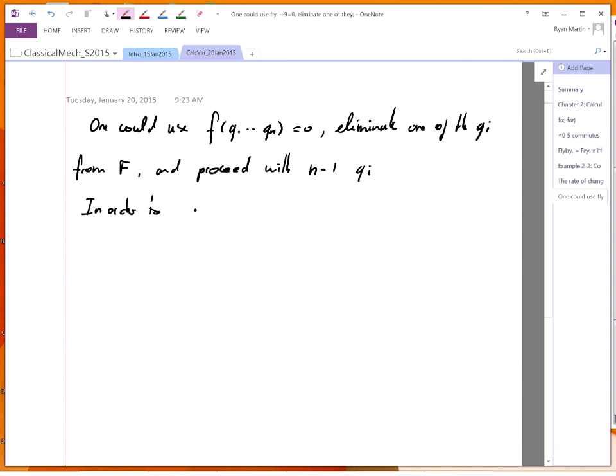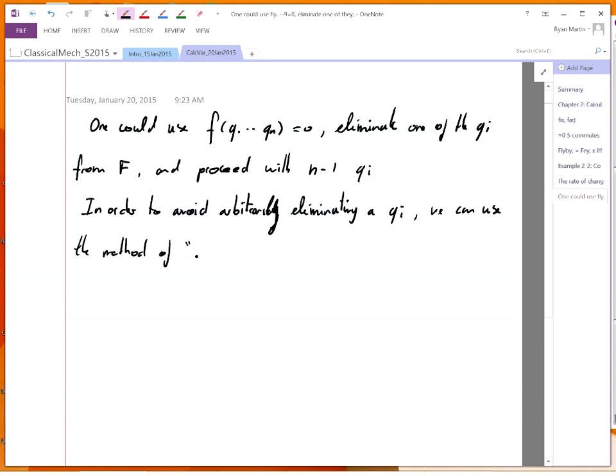But in order to avoid arbitrarily eliminating a qi, we can use the method of Lagrange multipliers.